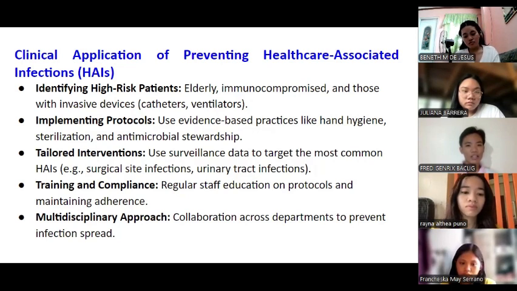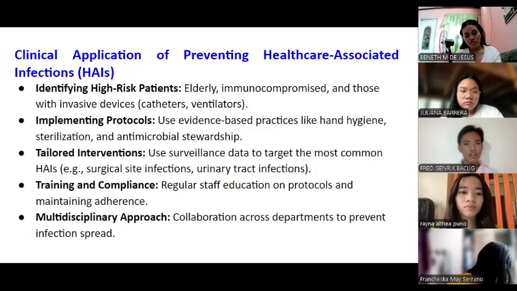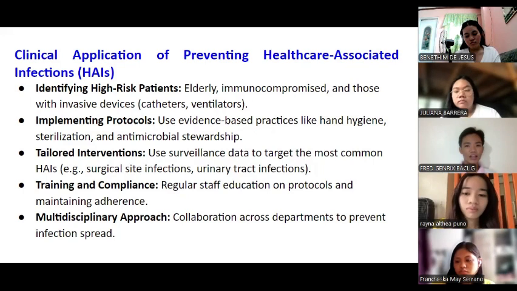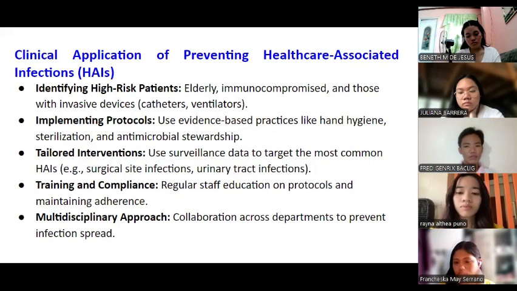For example, in one hospital the infection may be related to the use of catheters, but in another hospital the infection that is really thriving is bloodstream infection. So we need to adjust the prevention based on the local data. By analyzing the data from each local facility, healthcare providers can easily target resources and efforts towards preventing the most frequent infection.